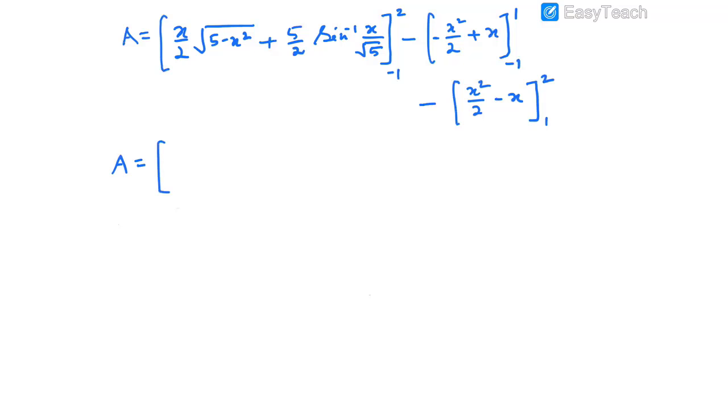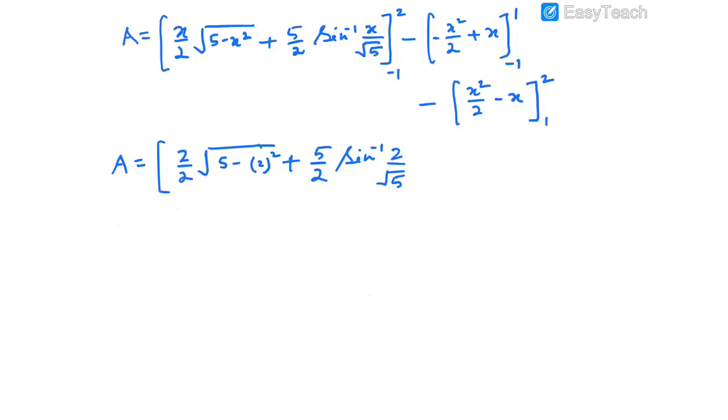we get A is equal to, now putting the upper limit, so 2 by 2 root 5 minus x square, x is 2, so plus 5 by 2 sin inverse 2 upon root 5. This is the upper limit.